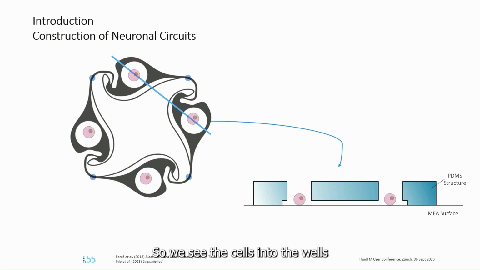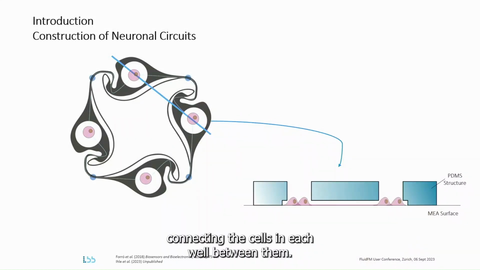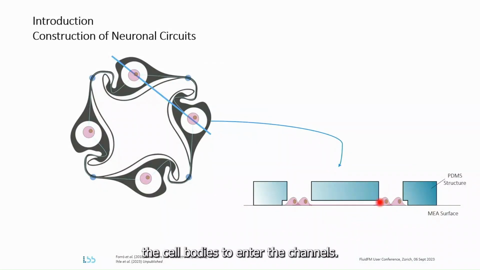We seed the cells into the wells and leave them for a couple of days, and then they grow axons connecting the cells in each well. The microchannels are just tall enough to allow the axons to grow beneath the surface, but not tall enough to allow the cell bodies to enter the channels.